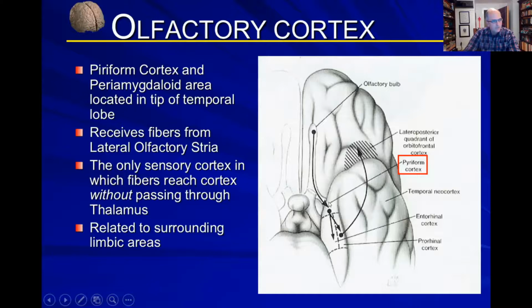There's a lateral olfactory stria as well as a medial olfactory stria. It's the only sensory cortex in which fibers reach cortex without passing through the thalamus. And of course, you might remind yourself of the very robust connection of this sensory cortex with that very complex limbic system that you've studied.